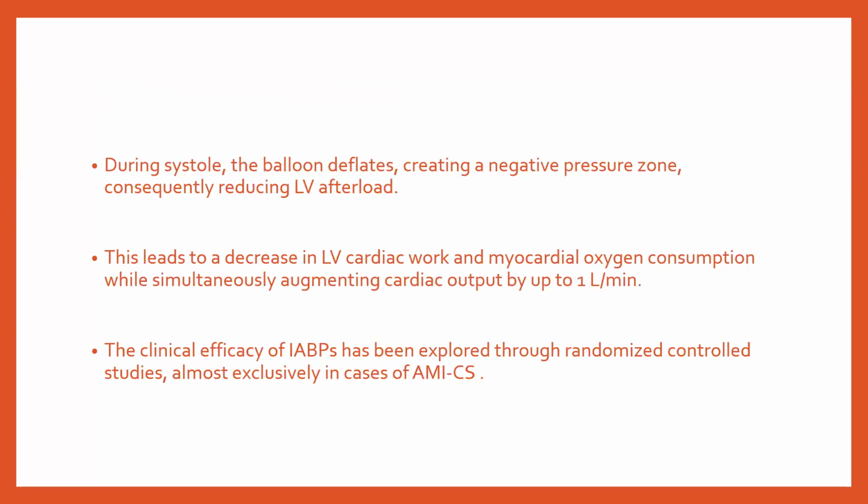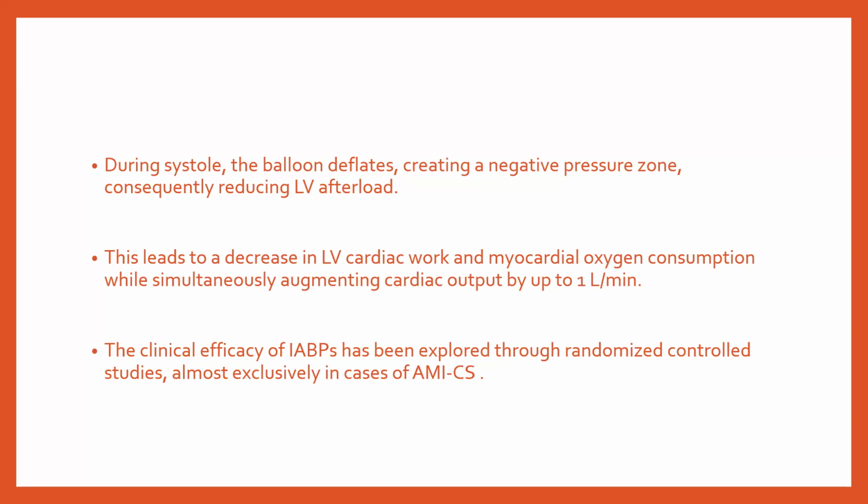During systole, the balloon deflates, creating a negative pressure zone, consequently reducing the LV afterload. This decreases left ventricular cardiac work and myocardial oxygen consumption, while simultaneously augmenting cardiac output by up to 1 liter per minute.